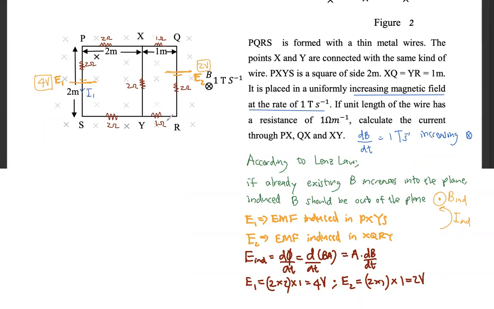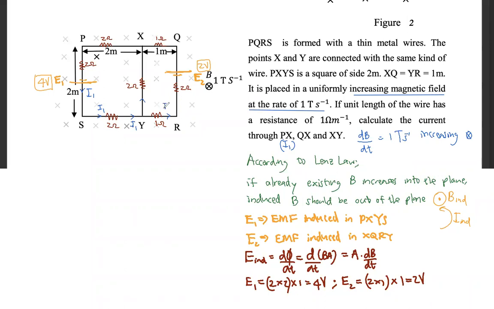Current through PX is I1, and then I1 will flow like this, and I1 will split. There will be a current through this XY. I'll put this as I2.